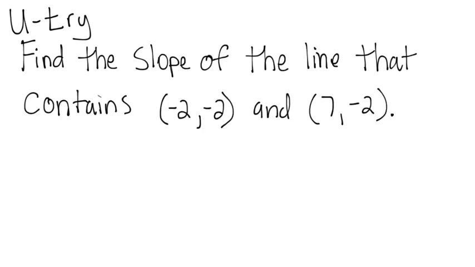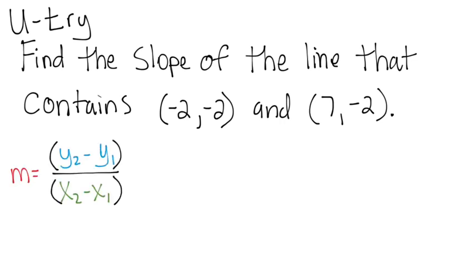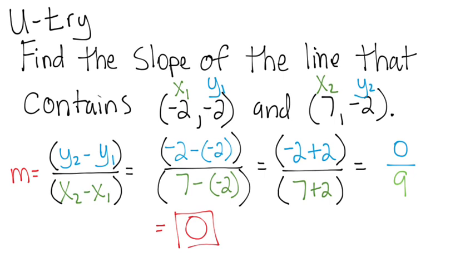Another you try. And check your answers. This one happens to be a 0 slope. This is going to go this way. And you can kind of already see that. You know what my hint was?